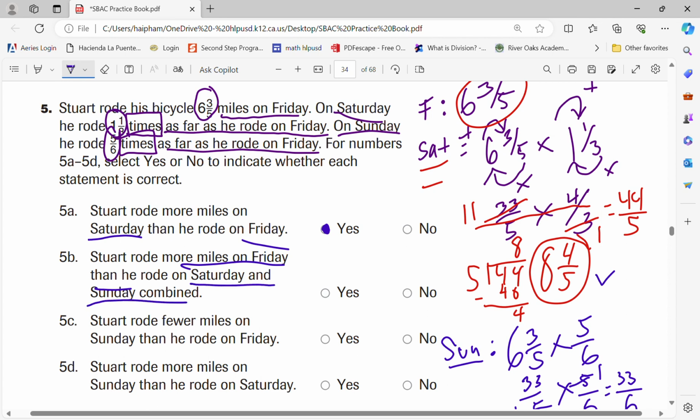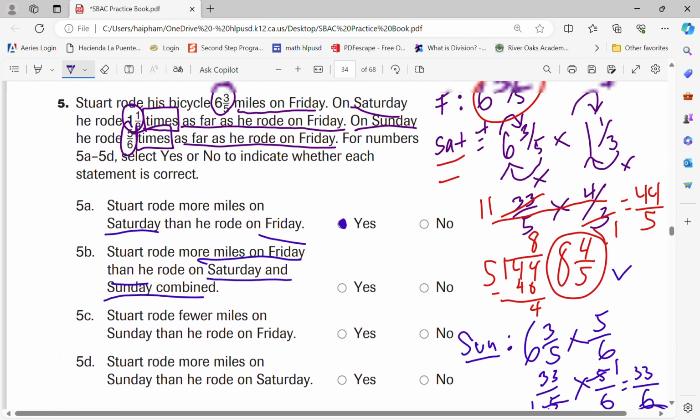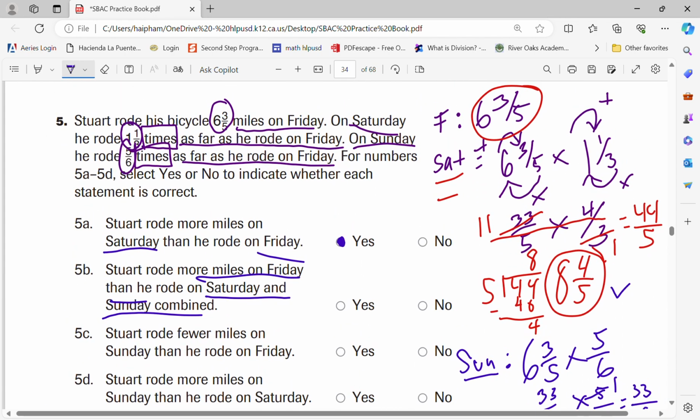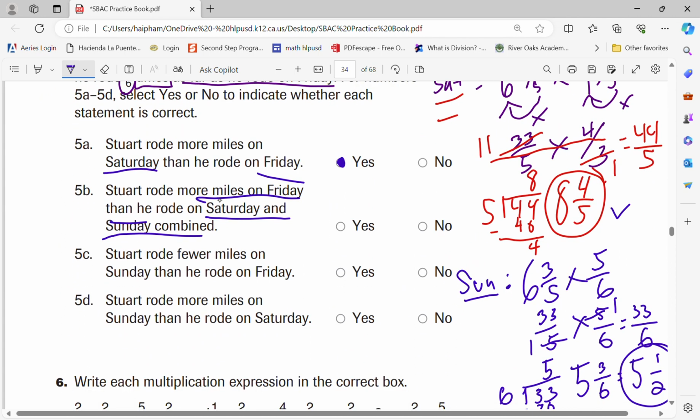So I have to combine Saturday and Sunday? Well, if you just look here, Friday he rode 6 3/5. We already know he rode more on Saturday than he did on Friday. So this statement cannot be true. But when I add them up, 8 plus 5, that's going to give me 13. And then I haven't even added the fraction. So that's an obviously no answer.